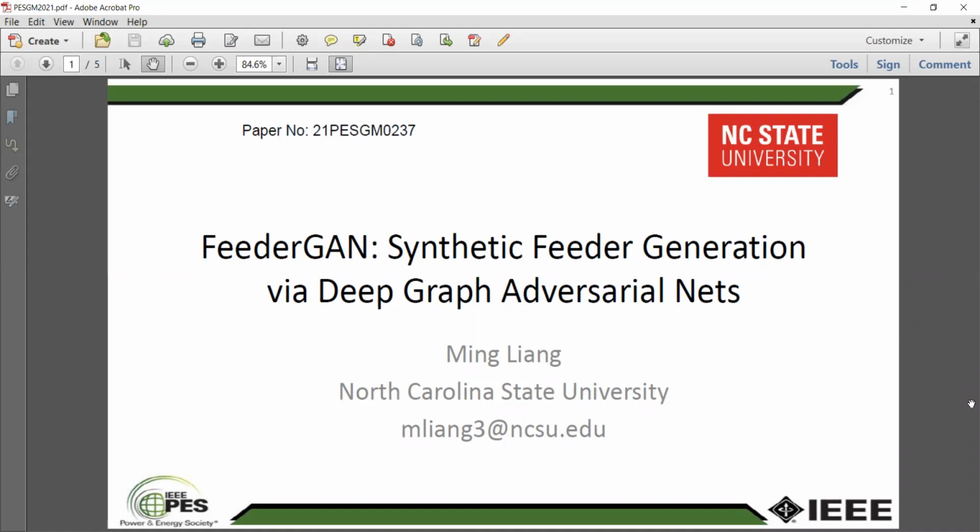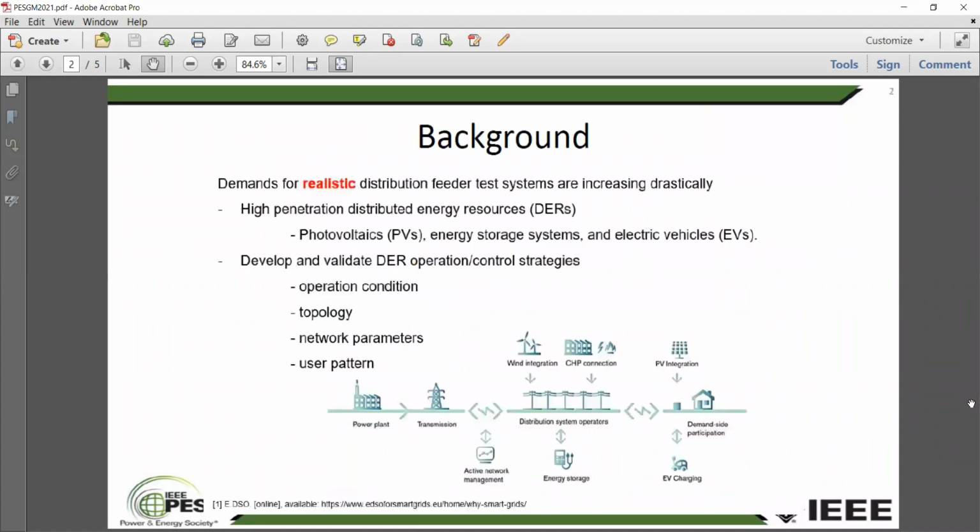So today I'm going to present our transaction paper on using deep graph adversarial neural networks to generate synthetic distribution feeders. The motivation for this work is that nowadays the demand for realistic distribution feeders has increased drastically, for people to use them to develop and validate DR operation and control strategies.